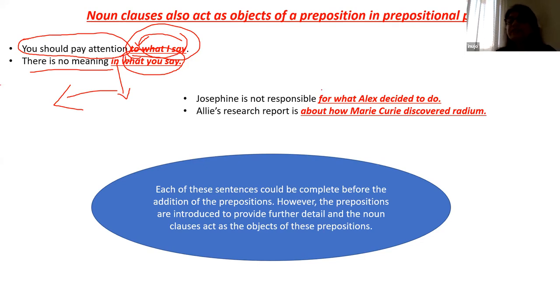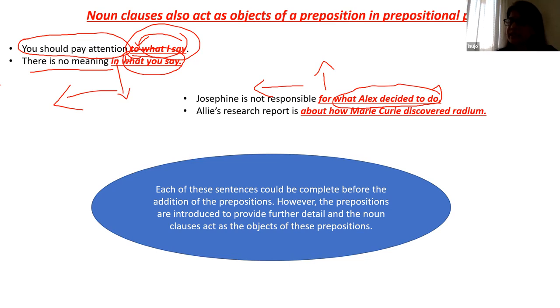Now, let's see this one. Josephine is not responsible for what Alex decided to do. Now, the preposition is for, and what is your noun clause? It is what Alex decided to do. And why do we say it is acting as the object of preposition? Because the sentence before the preposition, Josephine is not responsible, is a complete sentence.